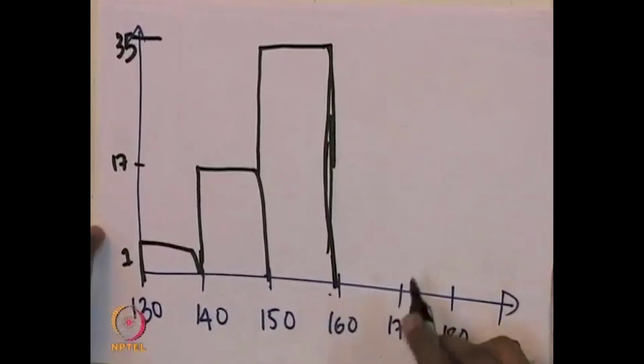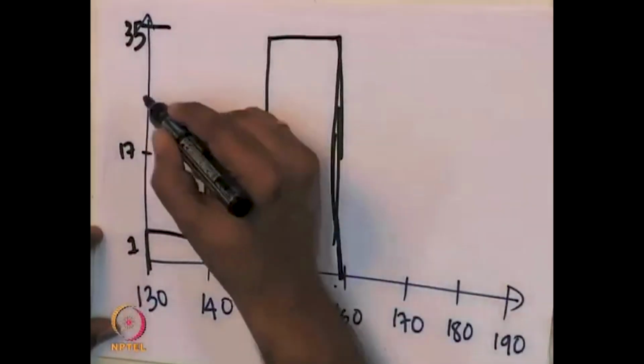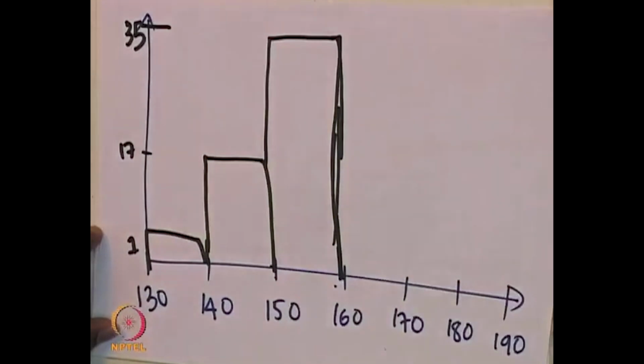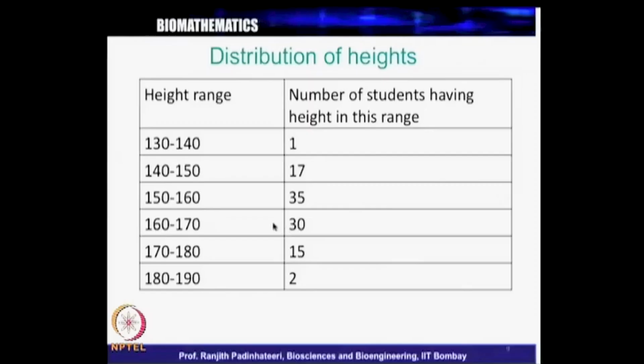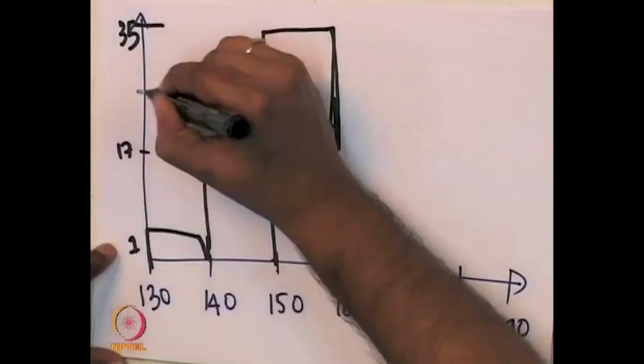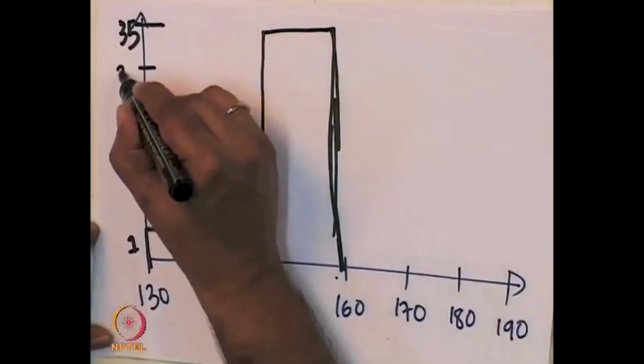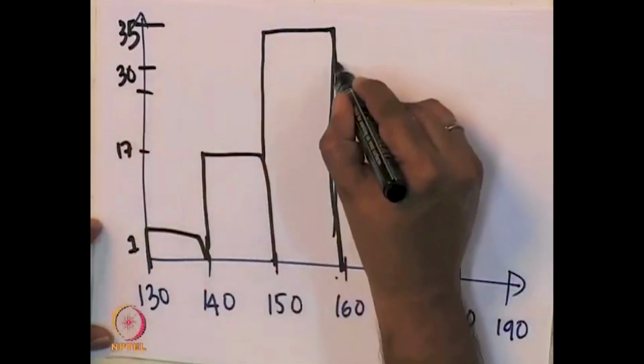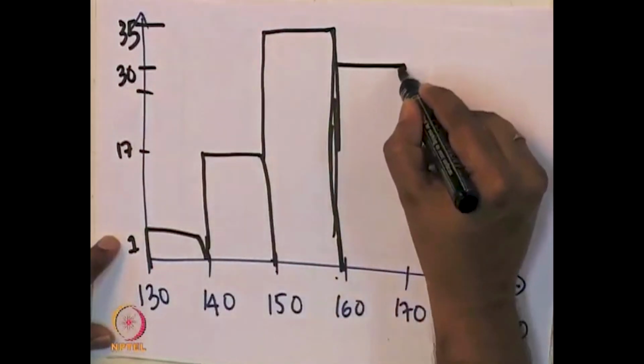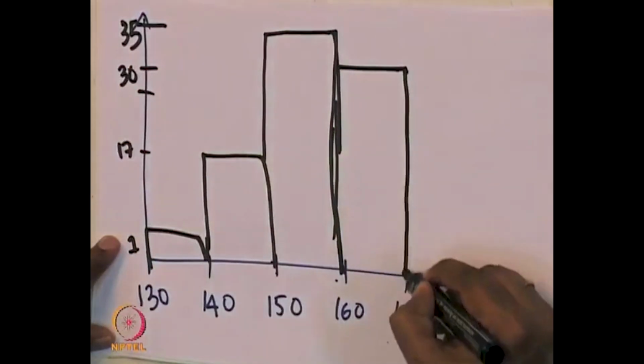Between 160 and 170 there are 30 students. That is what this table says, 30 students in this range. So, somewhere here this is 30, and we can mark it this way, 30 students.